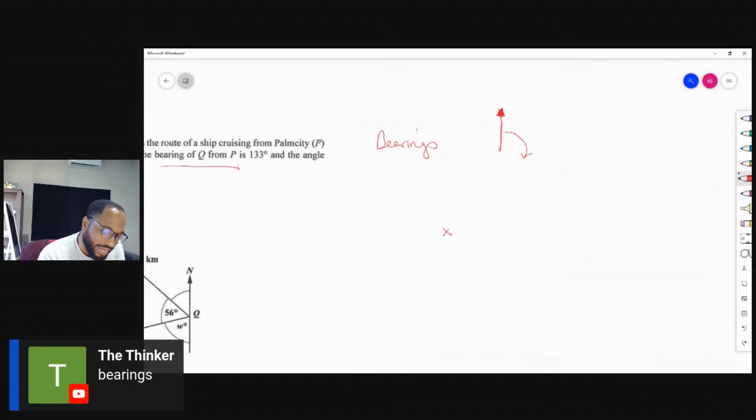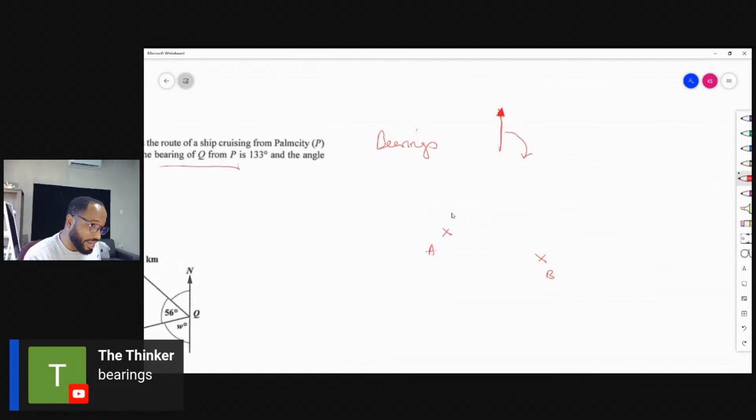All right, so let's say I had A and B here, and I'm asking you for the bearing of A from B. You see this word from? This from is oxygen. That from is really important, because the from indicates which one you need to start on.